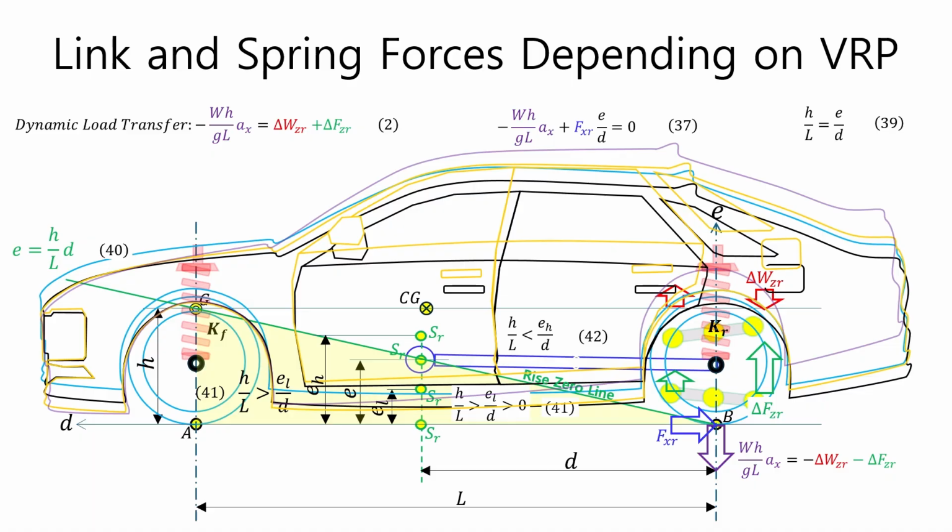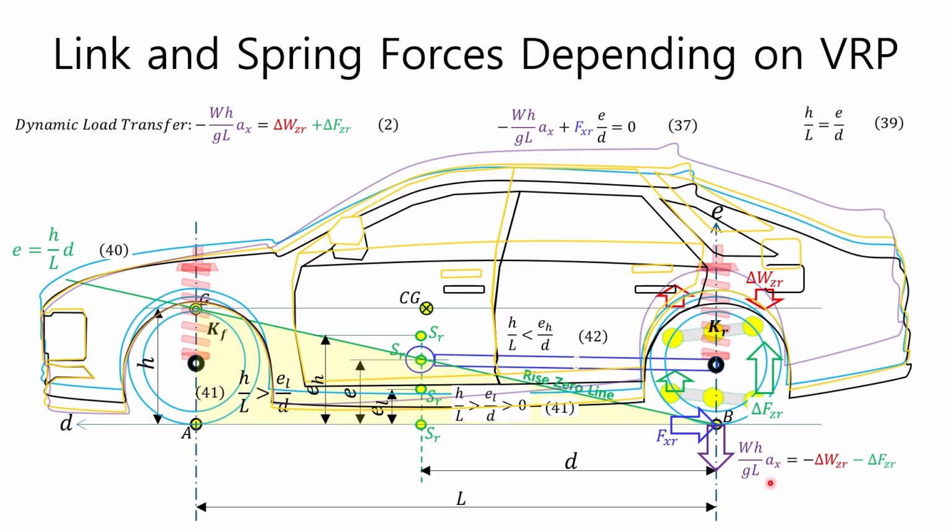If there is a virtual reaction point in the area above the green line, the pitch geometry can be represented using an inequality expression, as in equation 42. In equation 42, as the height EH of the virtual reaction point, SR, increases, the amount of the force, FZR, on the suspension links with the brake wheel increases in absolute values, exceeding the amount of the total vertical dynamic load of the vehicle.